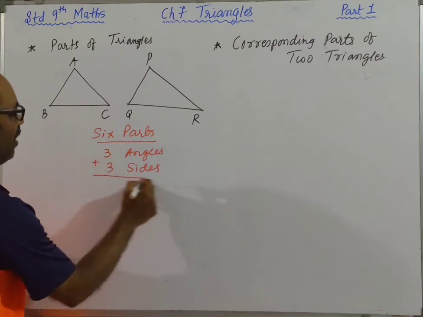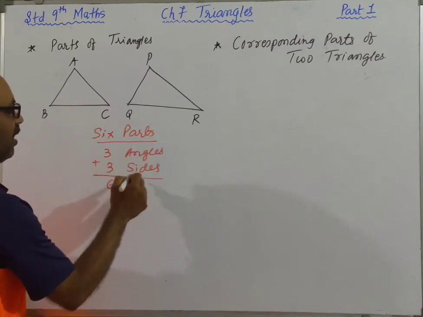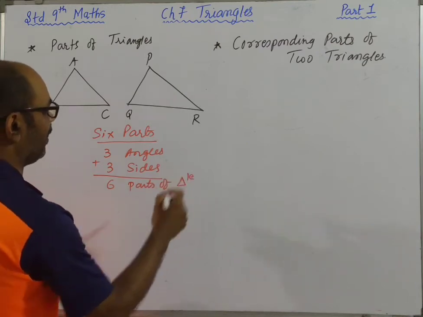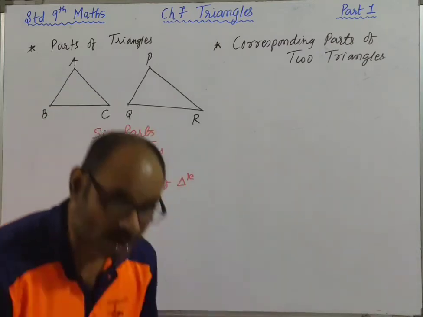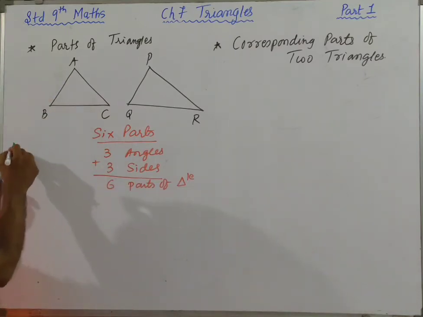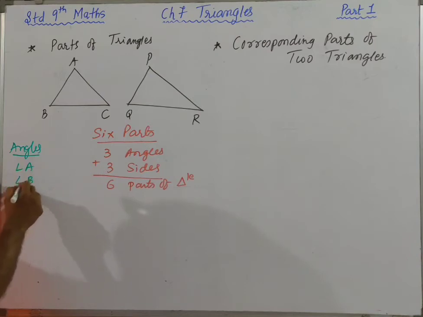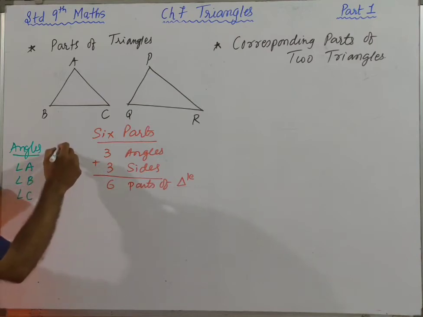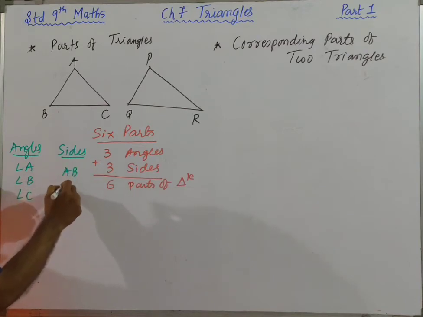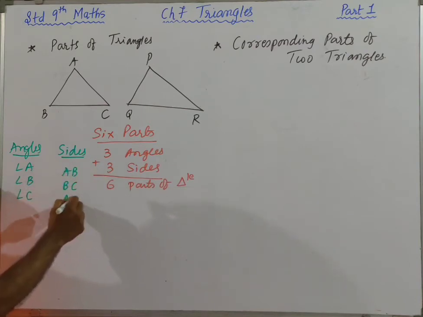So 3 plus 3, 6, angles plus sides, they are called parts of triangle. So if you talk about the parts of triangle ABC, then first angles, angle A, angle B, angle C, and then sides, side AB, side BC, side AC.